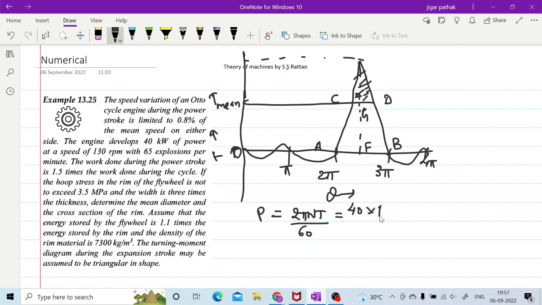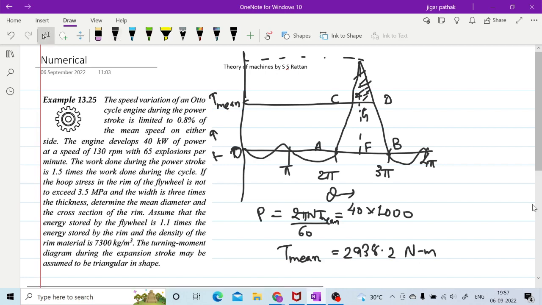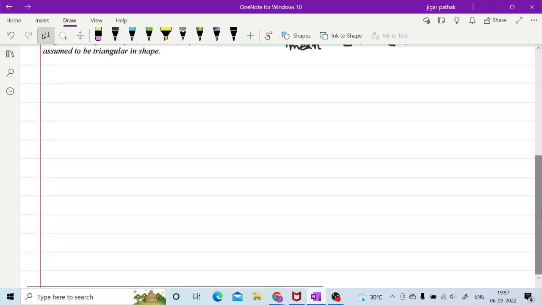T mean you can calculate from this. T mean is 2938.2 Newton meter.